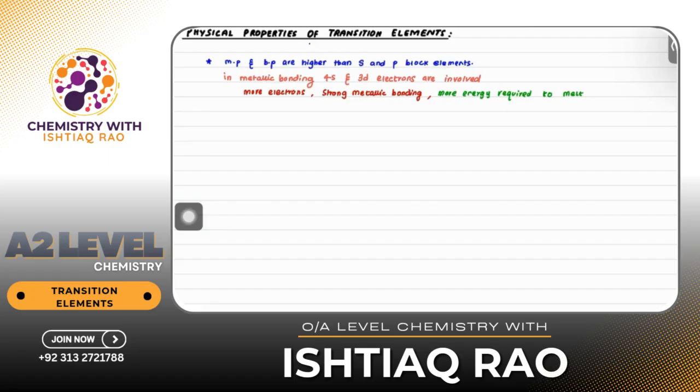So that's why we can say the melting and boiling points of the transition elements are higher.